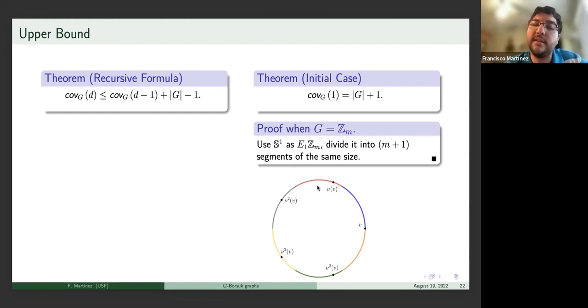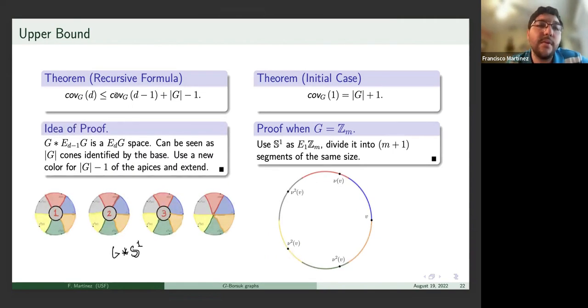And then that construction can be extended into a cover for every group G by using the join construction and the fact that every permutation can be seen as a disjoint product of cycles.